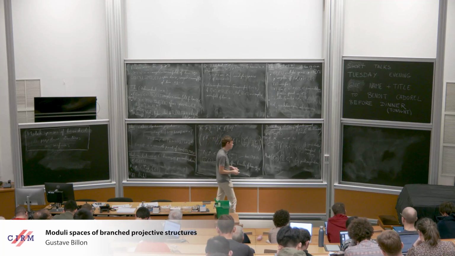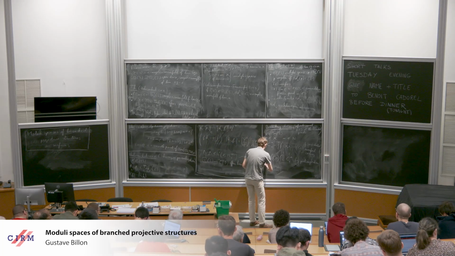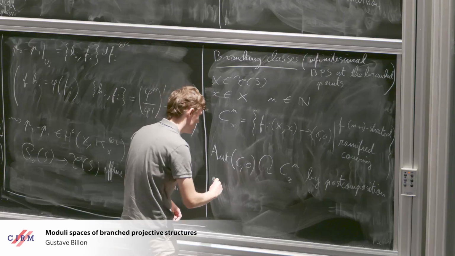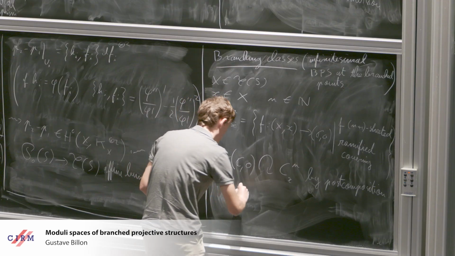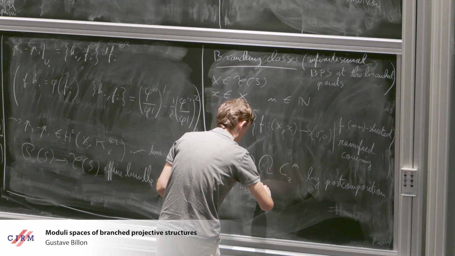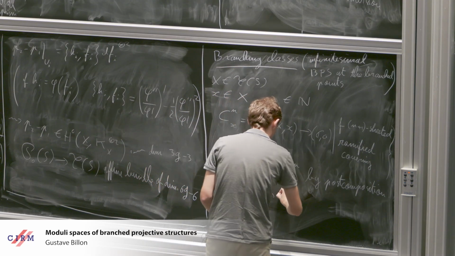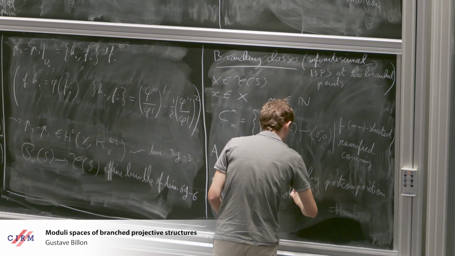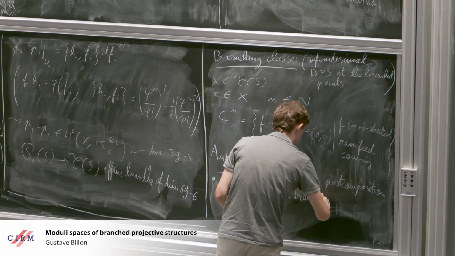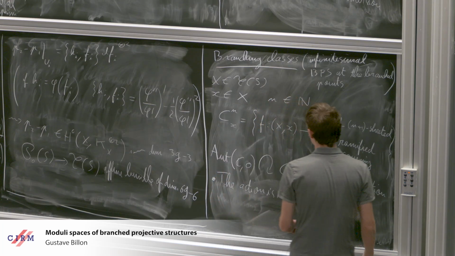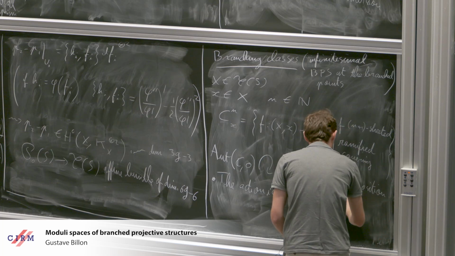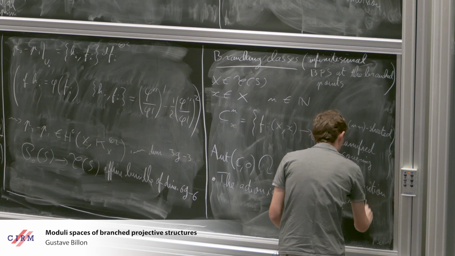And the point is that the action is not transitive. So if n equals 0, it is transitive, but if n is at least 1, it is not transitive.